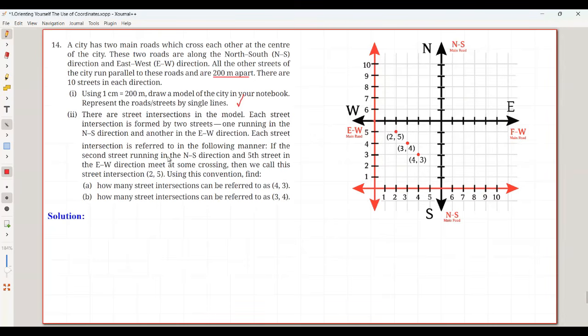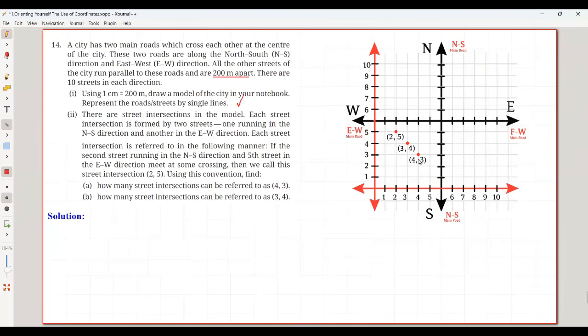If the second street is running in the north-south direction and the fifth street is in the east-west direction, and they meet at some crossing, then we call the street intersection 2, 5. Simply mark 2 comma 5. Now this is 2, this is 5. So 2 comma 5. Using this convention, find how many street intersections can be referred to as 4 comma 3.